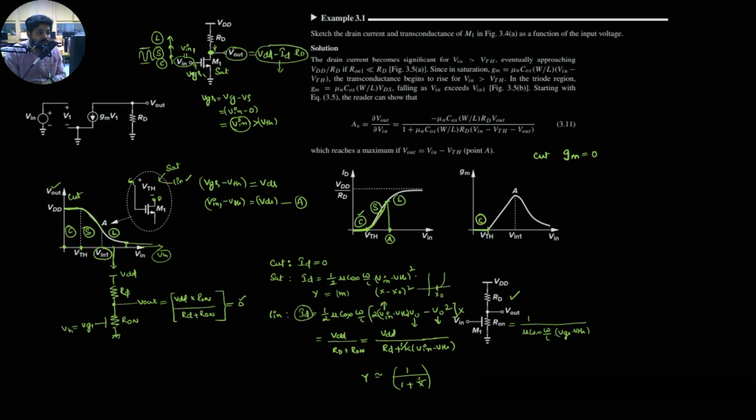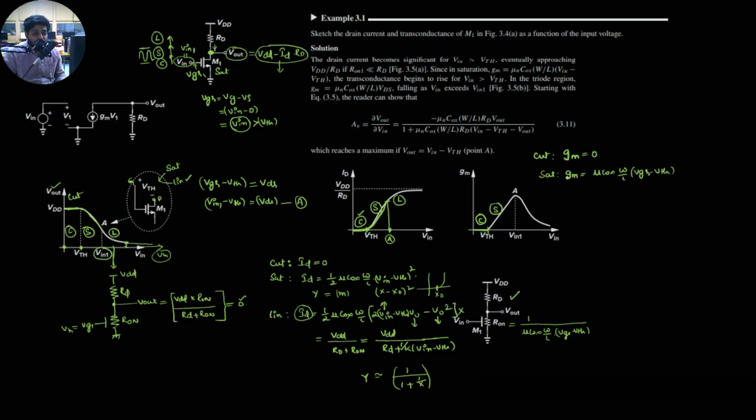After that, the transistor goes into saturation. In the saturation region, the condition is GM equal to mu COX W by L times VGS minus VTH.